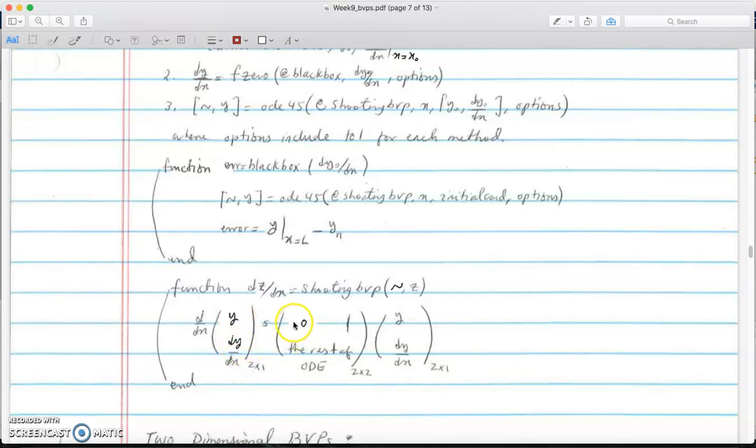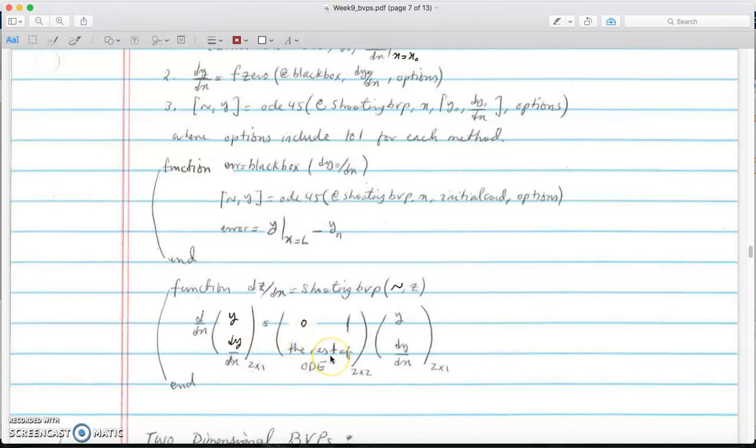If you multiply the first row of this matrix by the column here, then this is going to be 0, 1 times y and dy dx. You get dy dx, and dy dx is equal to dy dx on the left side. The second element here is the second derivative of y with respect to x, which is basically the rest.